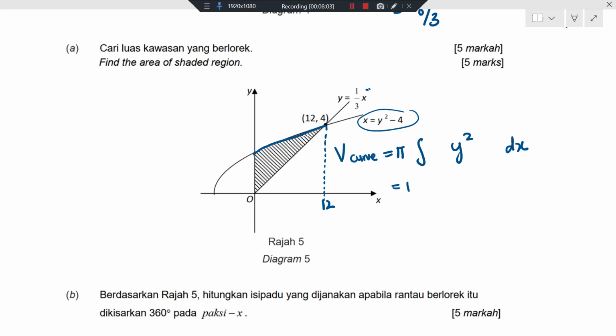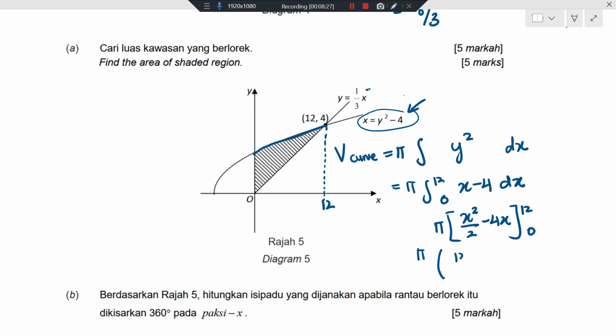Okay, so pi integral between 12 and 0, your y square, just modify this equation, you get x minus 4 of dx. So when you integrate this, you get x squared over 2 minus 4x, 12, 0, and put a pi here.